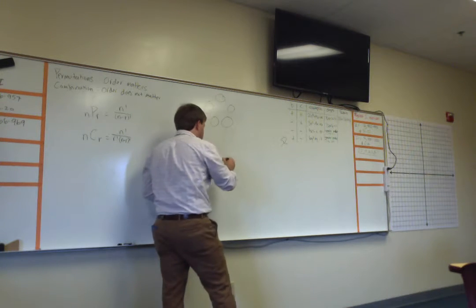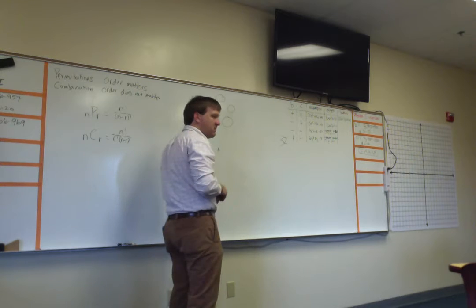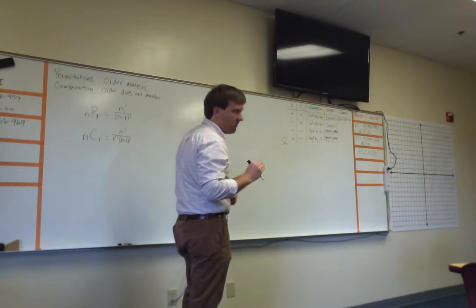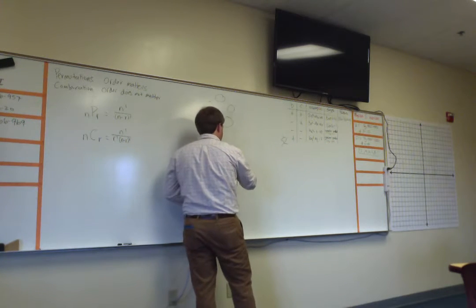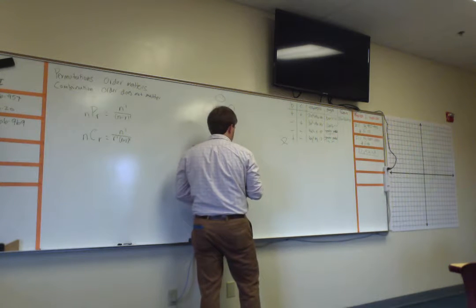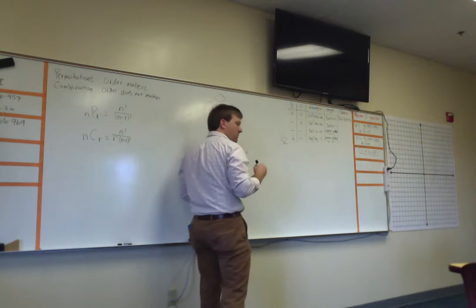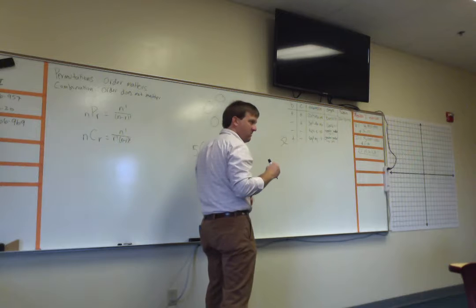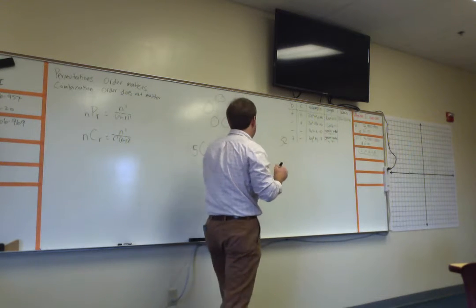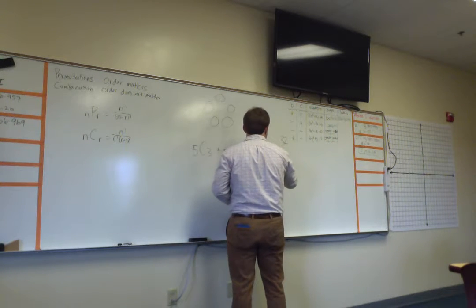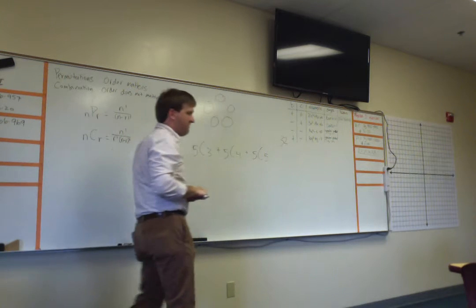I also need to select how many of them to be girls? 4. So that's 5C4. Then I also need to select how many of them to be girls? 5. So 5C5.